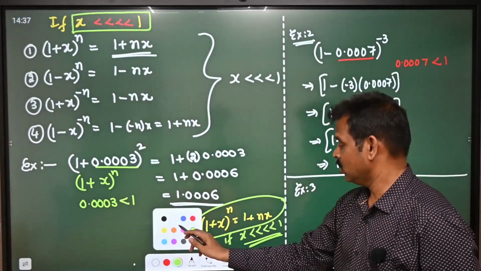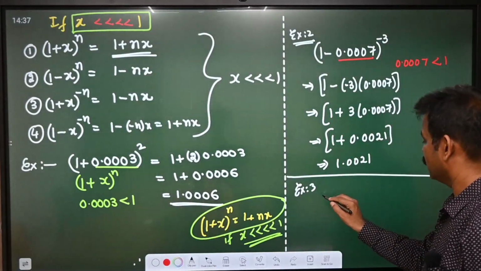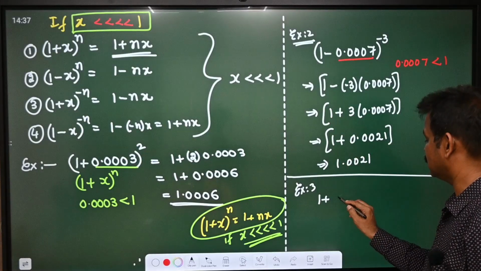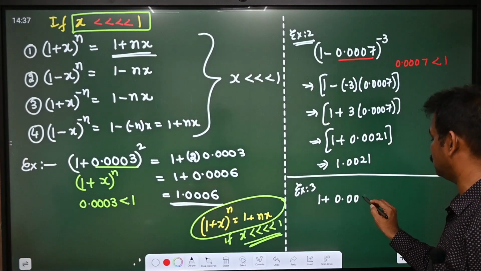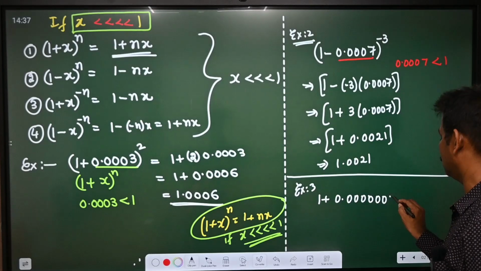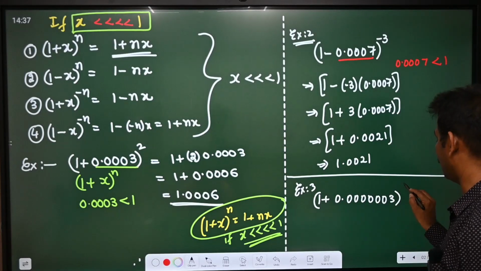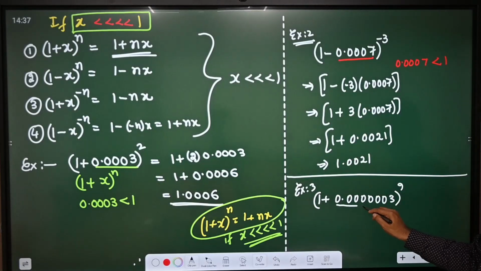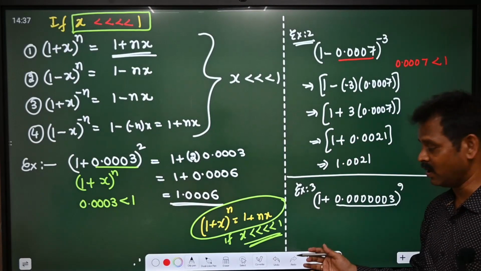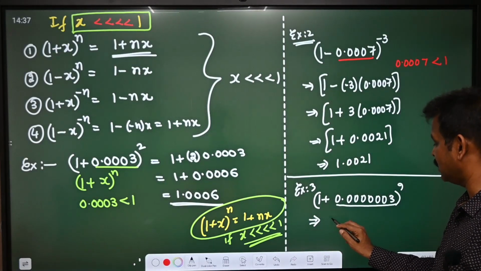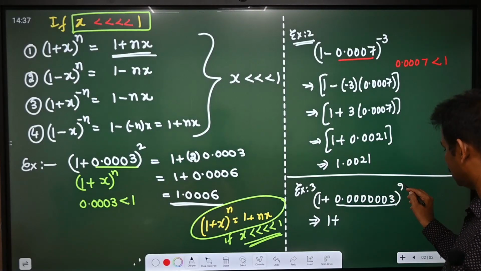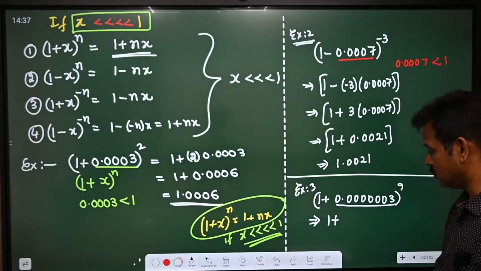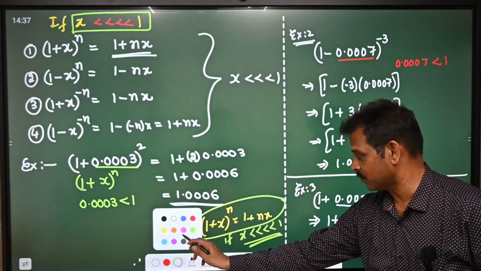Now here also one more example. (1 + 0.000003)^9. Directly you can do it. Here this value we know is very small, much smaller than 1. So directly we can write the answer 1 plus, you just multiply 9 with 3. When we are multiplying these, students, be careful.